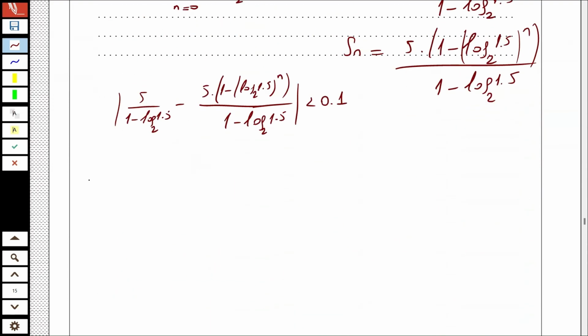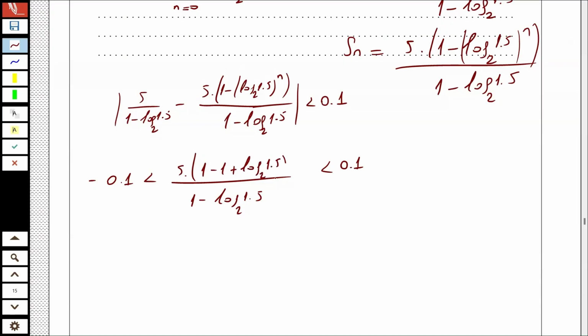In this case, it's going to be between minus 0.1 and positive 0.1. 5 is common, and the denominator is common also. 5 times 1 minus 1 plus log base 2 of 1.5 to the power of n.